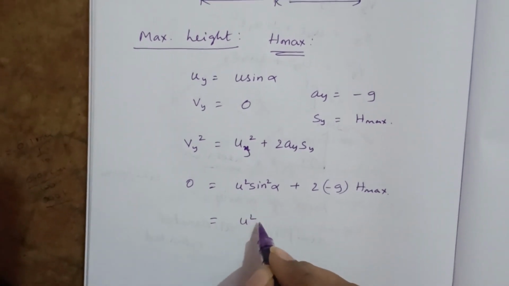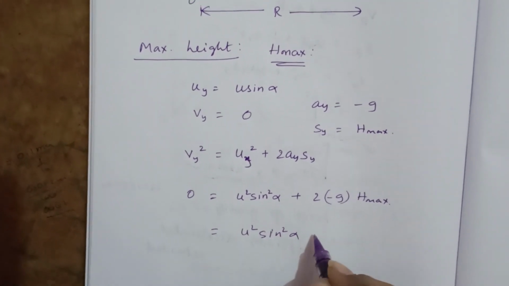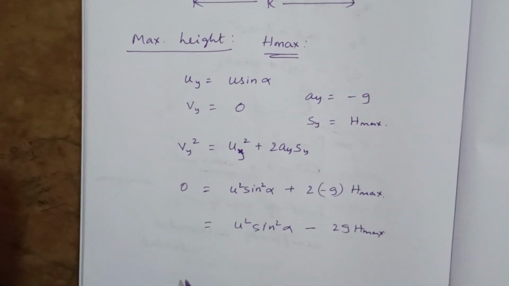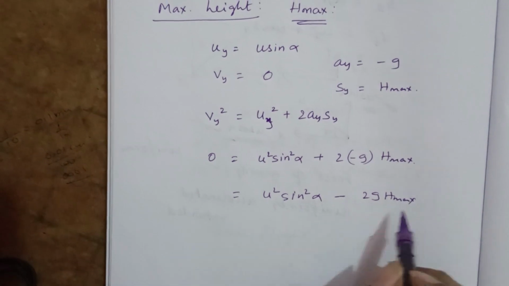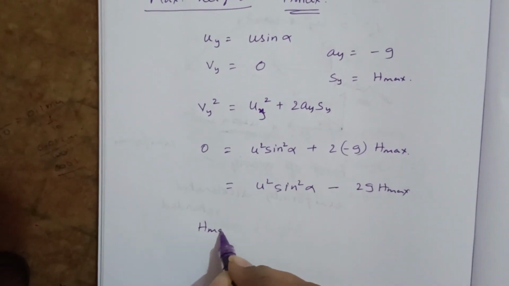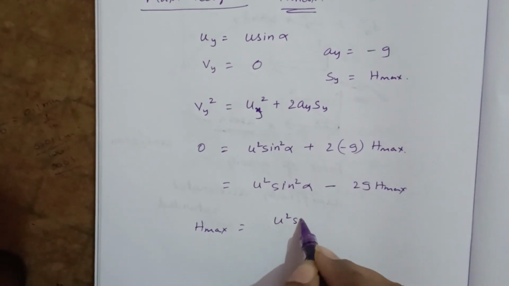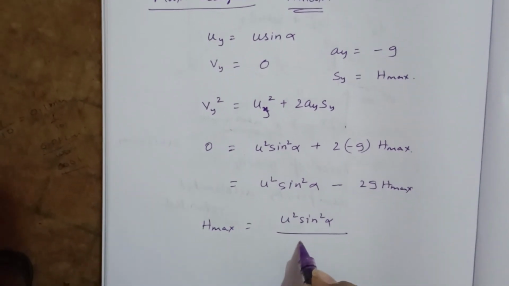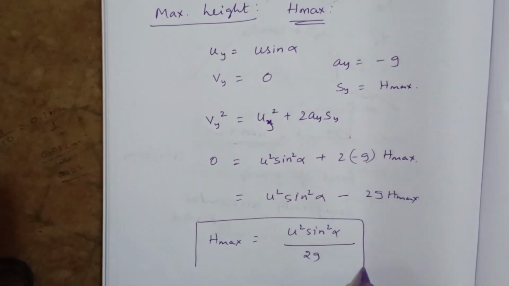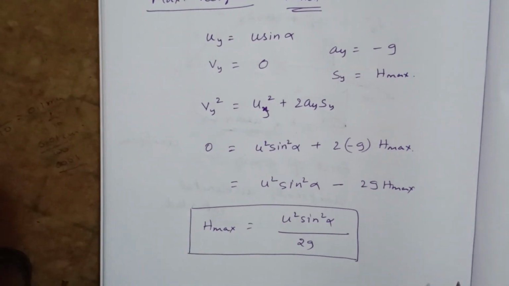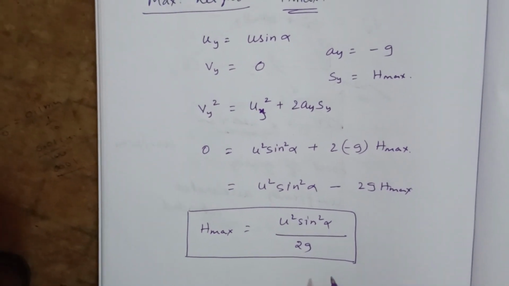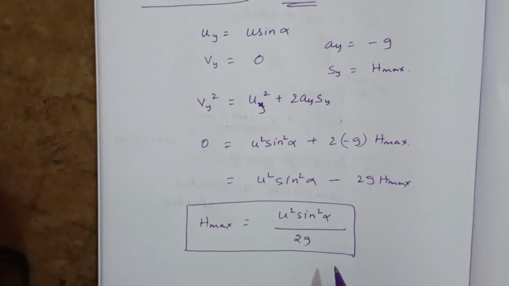So we can write 0 equal to u square sin square alpha minus 2g h max. So 2g h max equal to u square sin square alpha, and we want to find h equal to u square sin square alpha by 2g. This is the maximum height reached by the body in projectile motion.